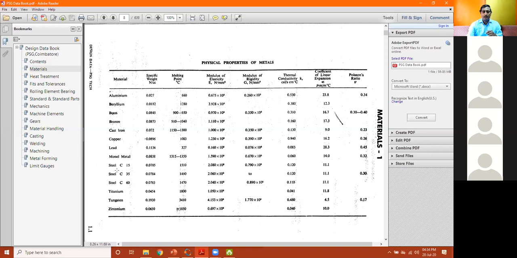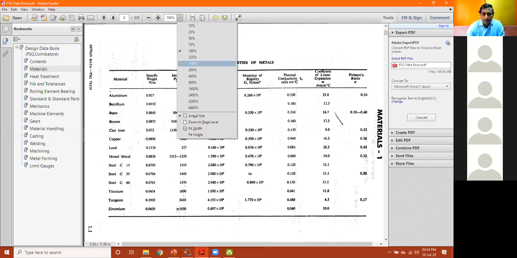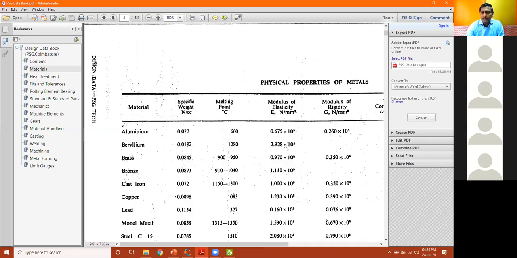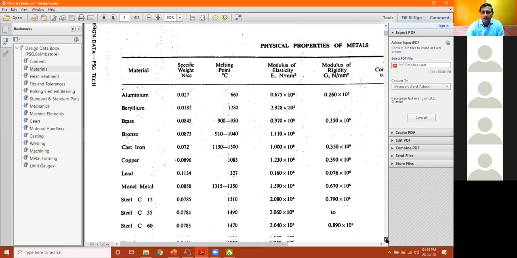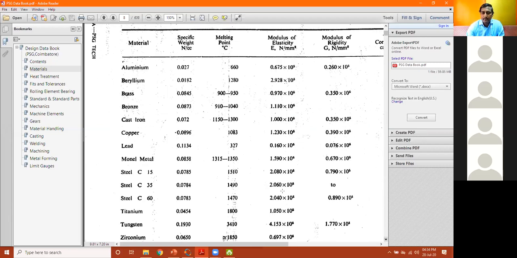The modulus of elasticity is 2.08 to 2.04 into 10 raised to 5, data book page 1.1. So we'll consider this as 2.08.